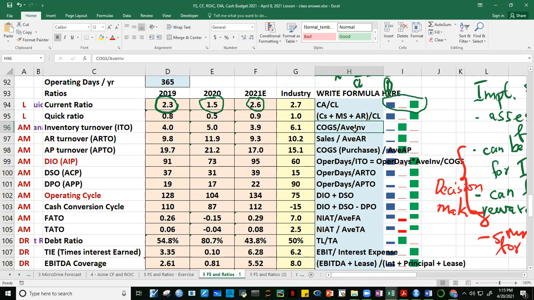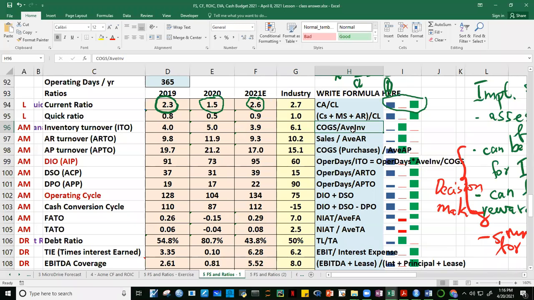Now notice, guys, we said last time that since COGS, since cost of goods sold, is a one period measure, meaning that you're looking at the cost of goods sold for the whole year, then it's best to pair it with also a period measure. You will see that in other references, they used only inventory, but it's better practice, guys, to use also a period amount.